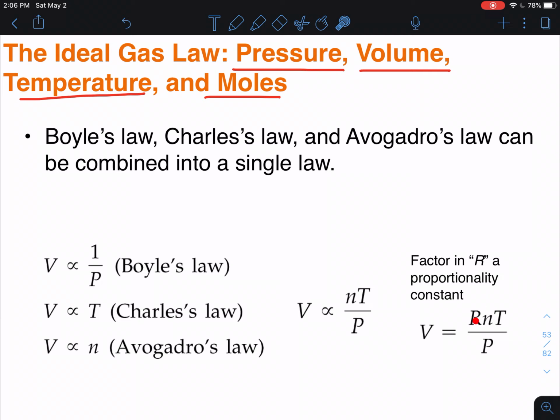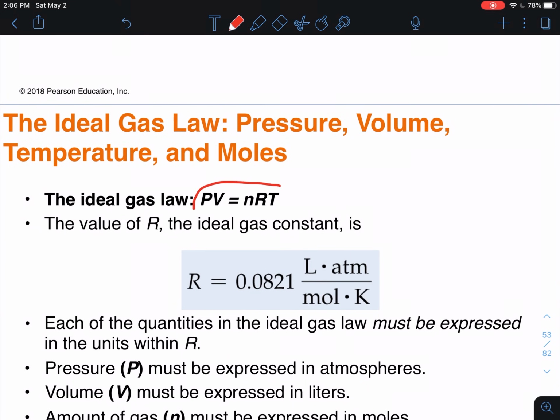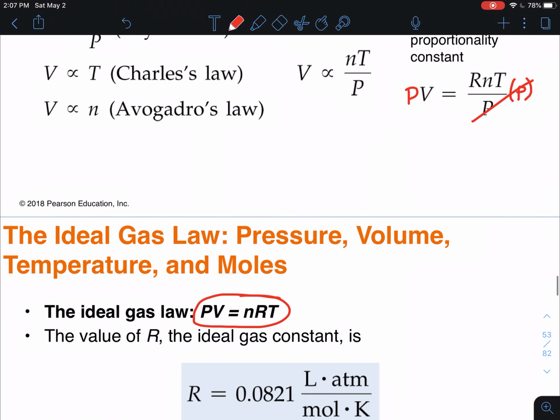So we plug this proportionality constant in, then we can change this to an equal sign, and we have V equals RnT over P. But if we want to get P out of the denominator, we have to multiply both sides by P. This cancels, and then this gives us our final gas law, PV equals nRT, because we want to get pressure out of the denominator to make it a cleaner equation.